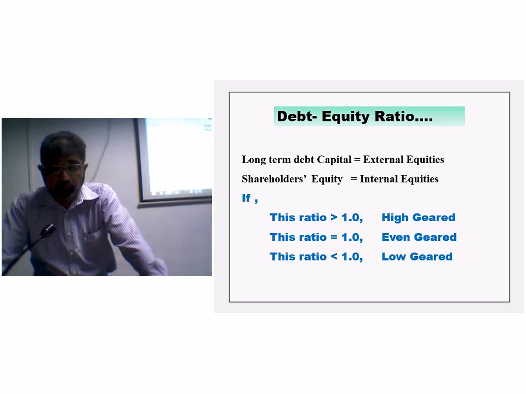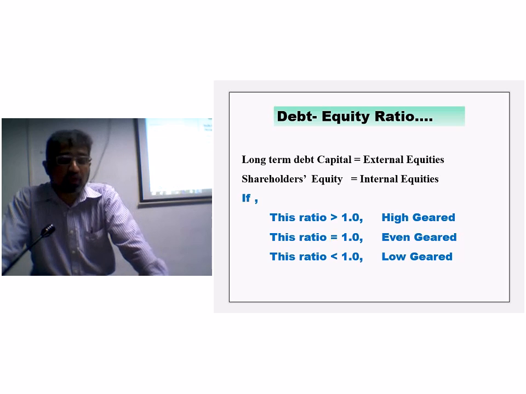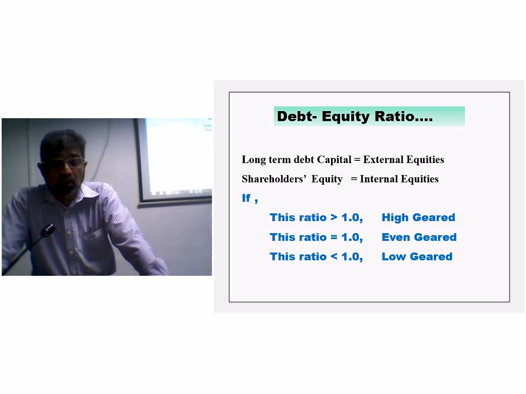Now your answer may be a too low value or a too high value, shown as a number of times. If you have too high a ratio for interest coverage, it may imply unused debt capacity. If it is more than 10 or so, then we have unused debt capacity.